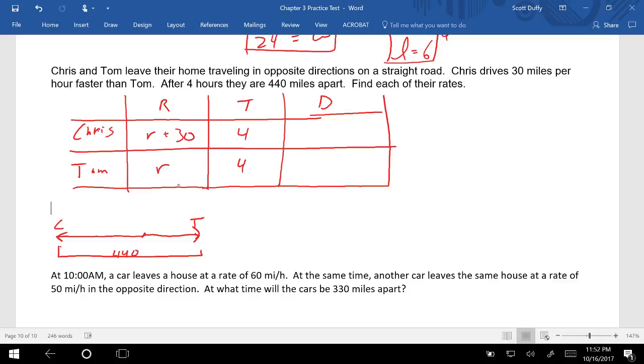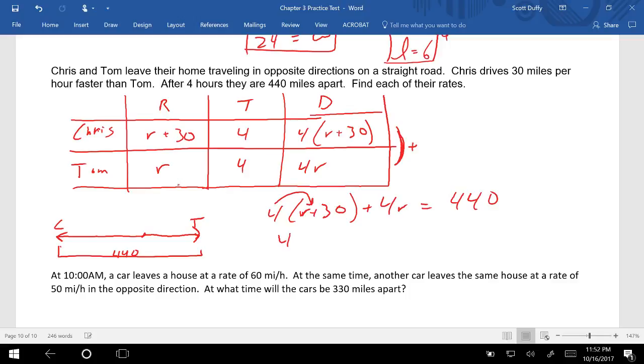So Chris's distance is 4 times R plus 30. And Tom's is R times 4. And we know that these two distances together, summing, have to equal 440. So I say 4 times R plus 30 plus 4R equals 440. 4 times R is 4R plus 4 times 30 is 120 plus 4R is 440.